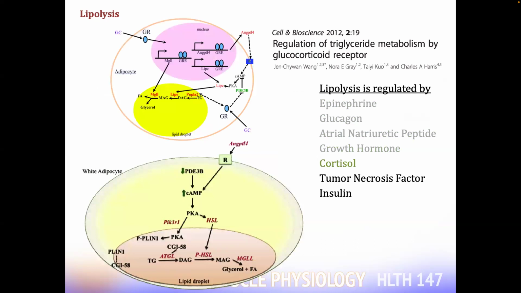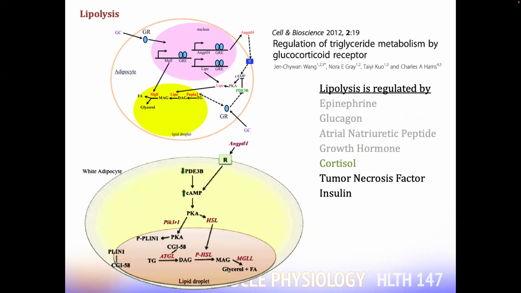Cortisol also enhances lipolysis. It binds to glucocorticoid receptors within the cell. It's a steroid hormone, so it goes inside of the cell. And when it binds, it activates the transcription of a few things that are in red there, and they code for lipolytic enzymes. But it also facilitates the release of ANGPTL4, angiopoietin-like 4.